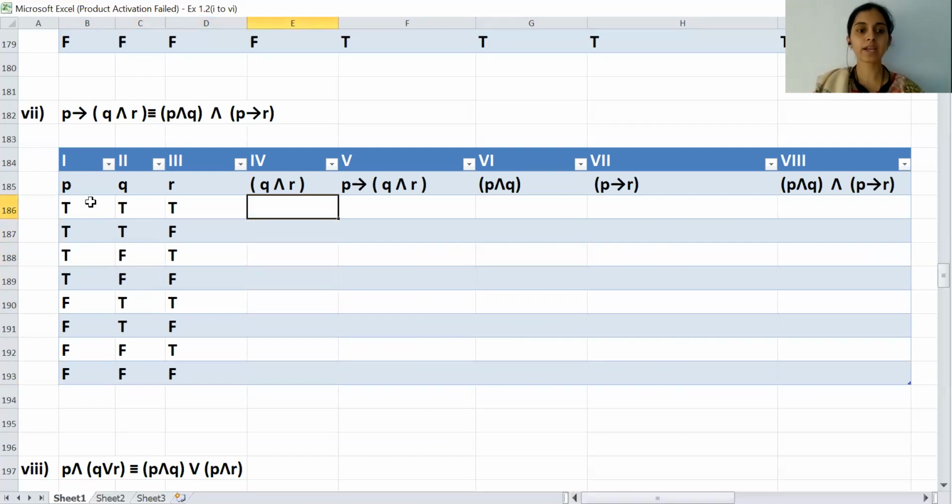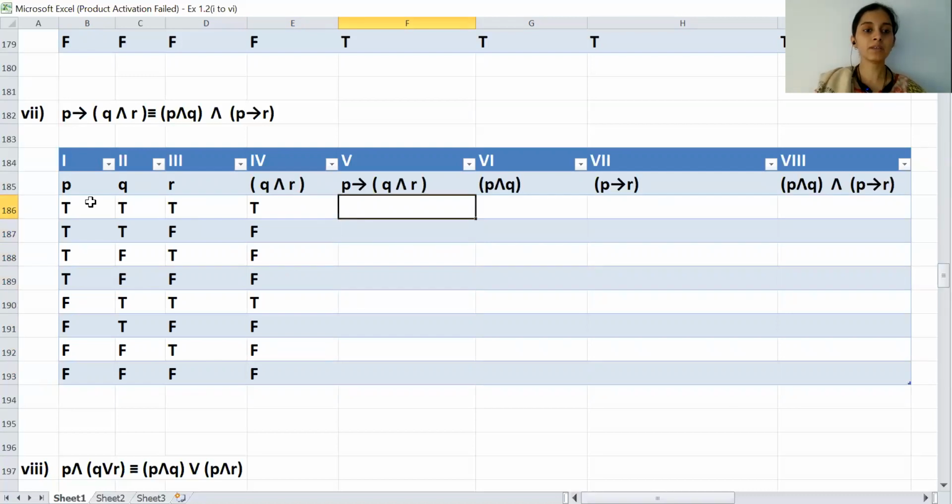Now the left hand side has a bracket Q and R. So Q and R will be second and third: T and T true, T and F false, F and T false, F and F false, and the same again for the second half. Second and third we have to AND.